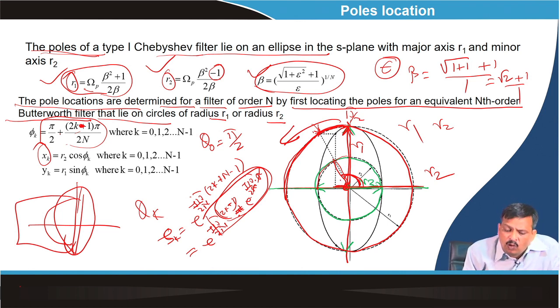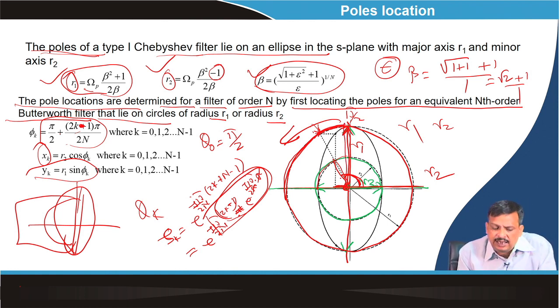And yk is nothing but R1 sin phi. Is it okay? So, R2 cos phi k and R1 sin phi k. This is phi k. Think about pi by 2 plus this one.